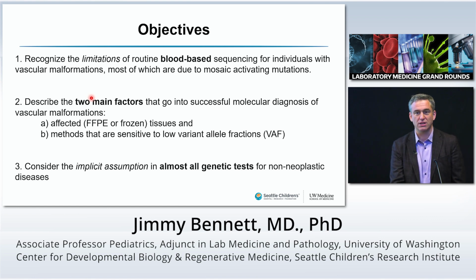And then also, more broadly, I really wanted to expand, not just to talk about vascular anomalies, but more generally to consider the implicit assumptions that happen in almost all genetic tests for non-neoplastic disease.